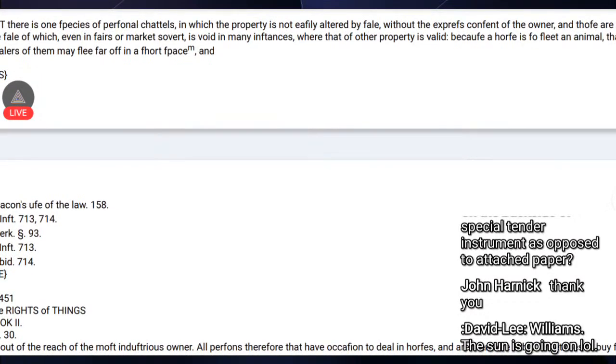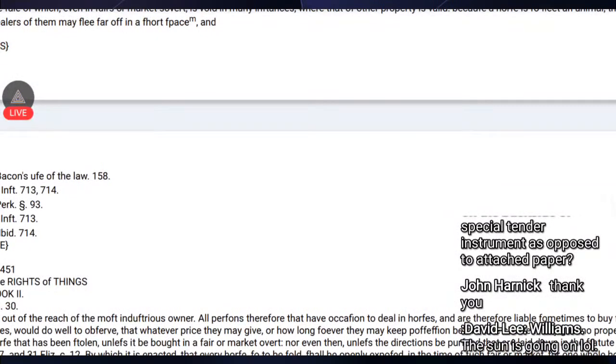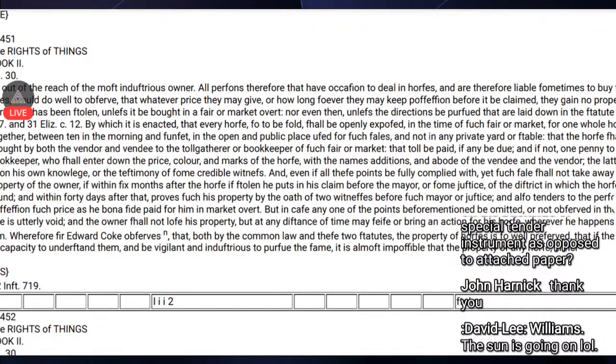But there is one species of personal chattels in which the property is not easily altered by sale without the express consent of the owner, and those are horses, the sale of which, even in fairs or markets overt, is void in many instances where the other property is valid, because a horse is so fleet an animal, and the stealers of them may flee from far off in a short space, and be out of reach of the most industrious owner.